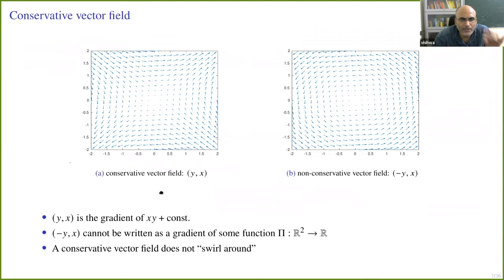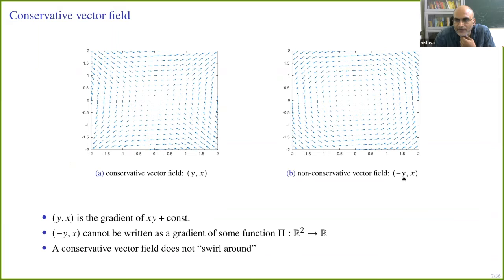To give a simple example of the interpretation of a conservative vector field, we have a vector field (y, x), that is, in the x direction it takes the magnitude y, and in the y direction it takes the magnitude x. Then we can use the exactness conditions, and this is exact, and it can be shown that this is the gradient of this function.